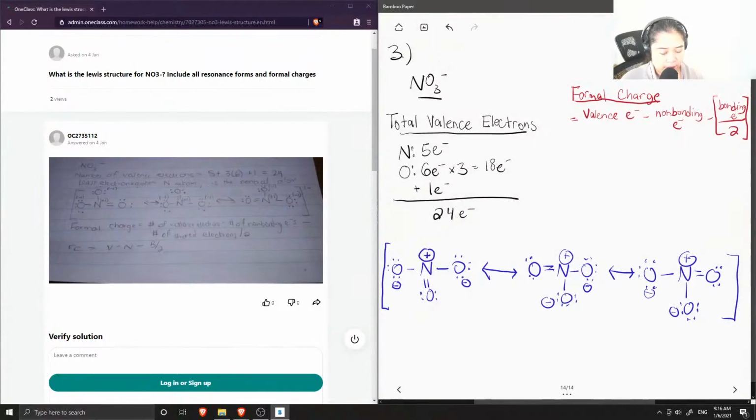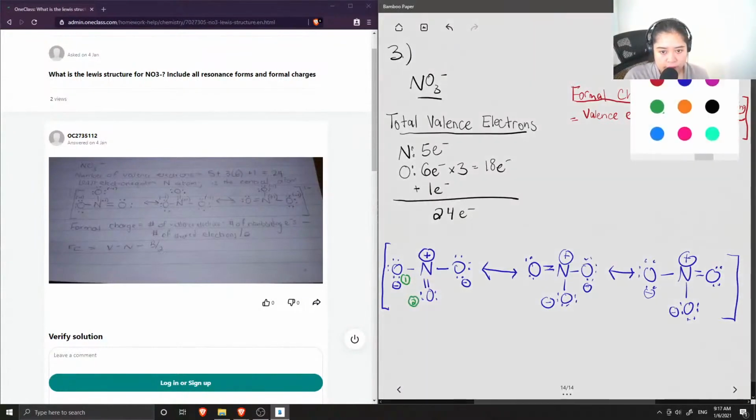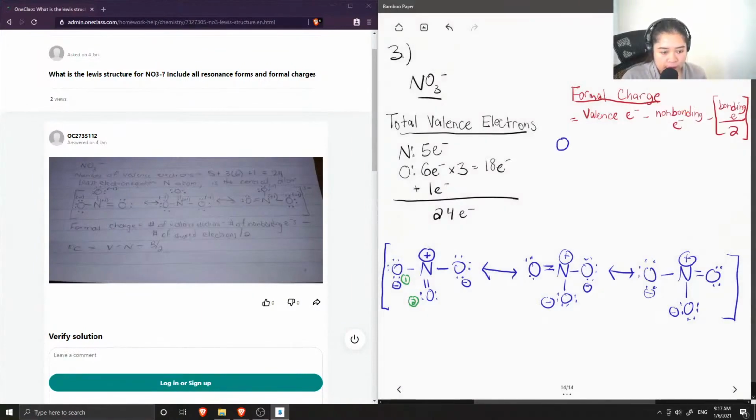So I'll do the one on the most left, and I'll label all of the different atoms. Since these two oxygens are the same, I'll just label the 1. Oxygen 1 and 2. So for oxygen 1, which is one of the single bonded oxygens, we are to calculate its formal charge.